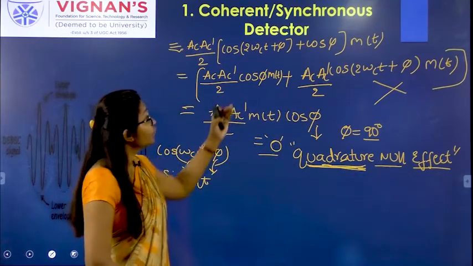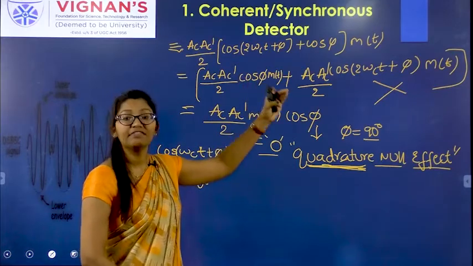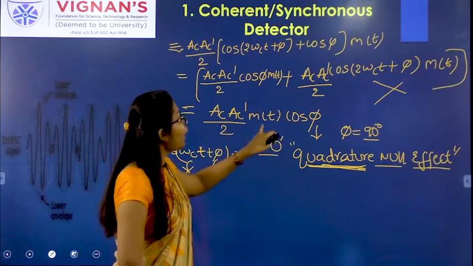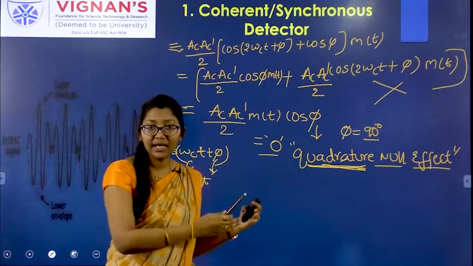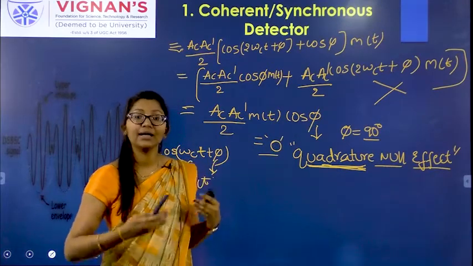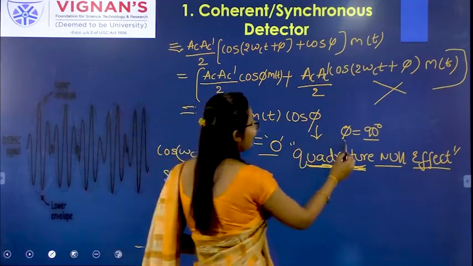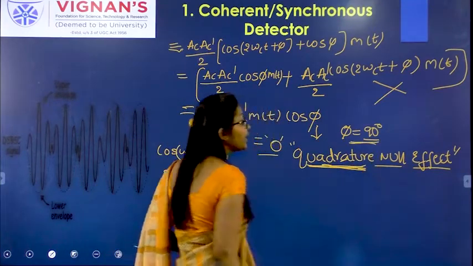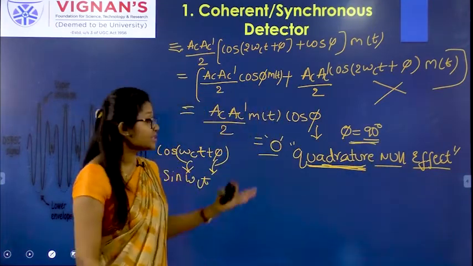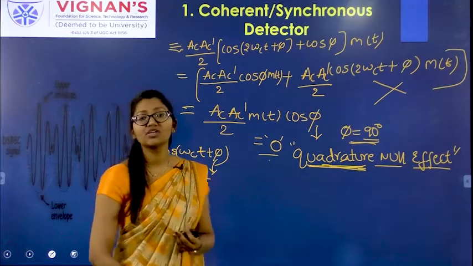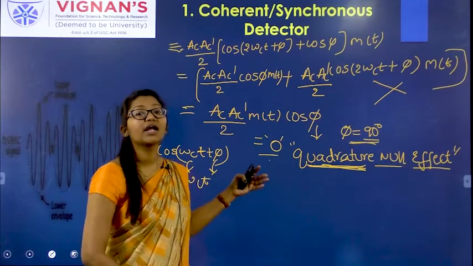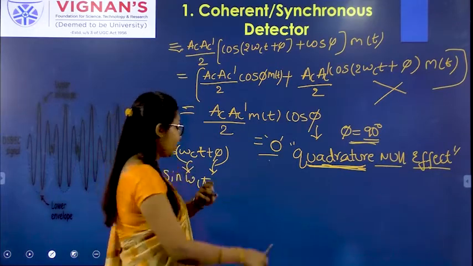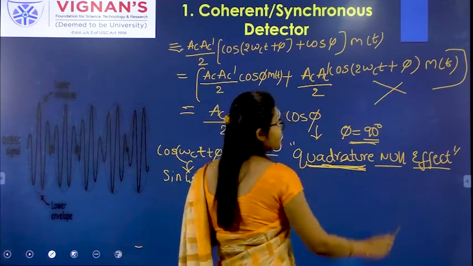If you consider a little bit of phase error, you will get the output as m of t into cos phi. If there is a little error, we can neglect it. But whenever the phi value is 90 degrees, the final output is 0. There is no message signal you are receiving. So that's why we call it the quadrature null effect.